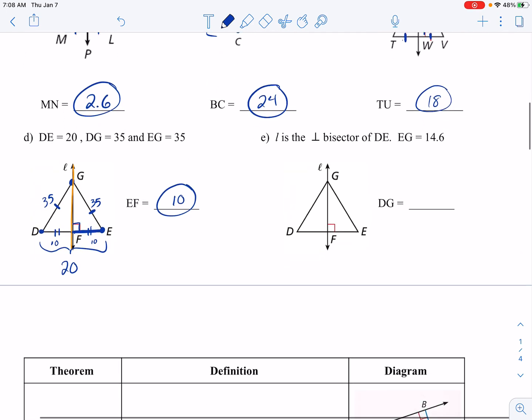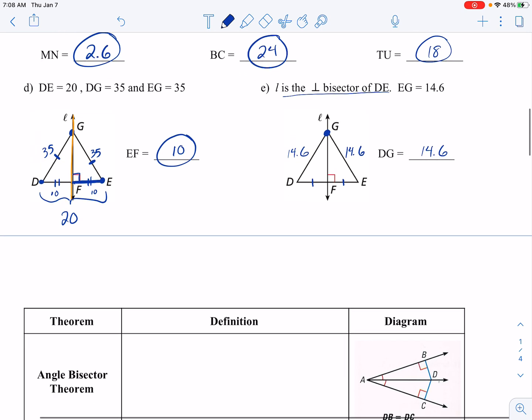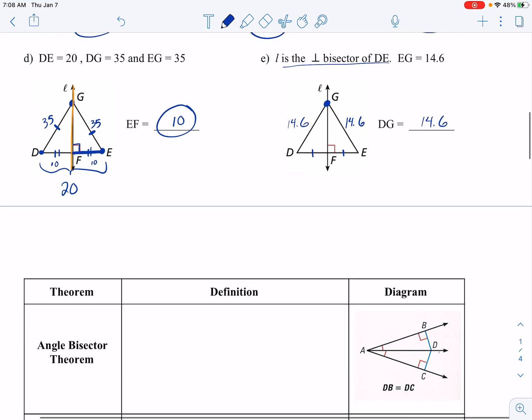And then finally for E, if EG is 14.6 and you're told that L is a perpendicular bisector, cutting it in half, then both the lengths need to be the same on both sides. The length from G to the two endpoints would need to be the same because L is the perpendicular bisector.